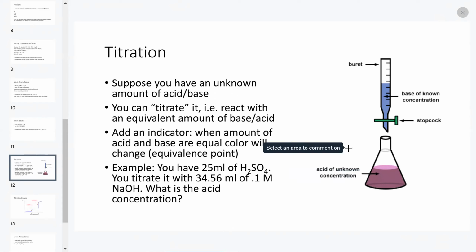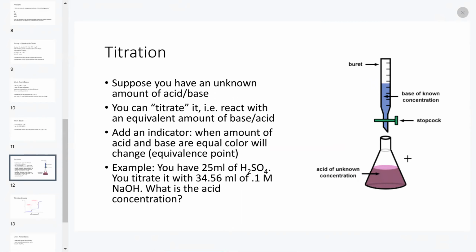So the indicator is itself an acid or a base, and it will change form depending on the pH, and a different form results in a different color. I think what's depicted here is phenolphthalein. Phenolphthalein is colorless in acid and a very nice pink in base.